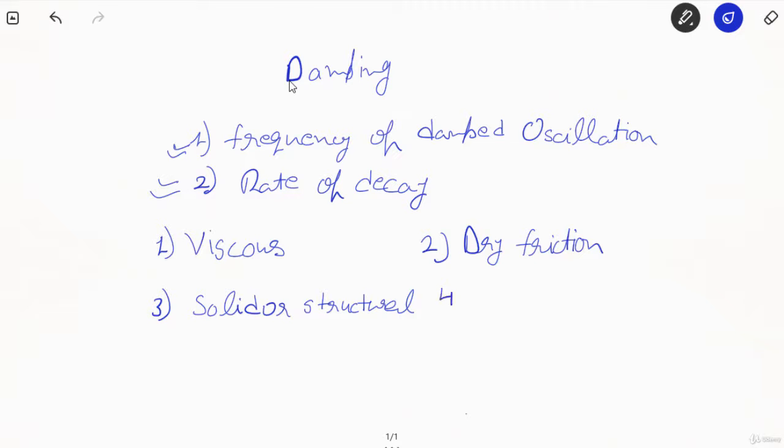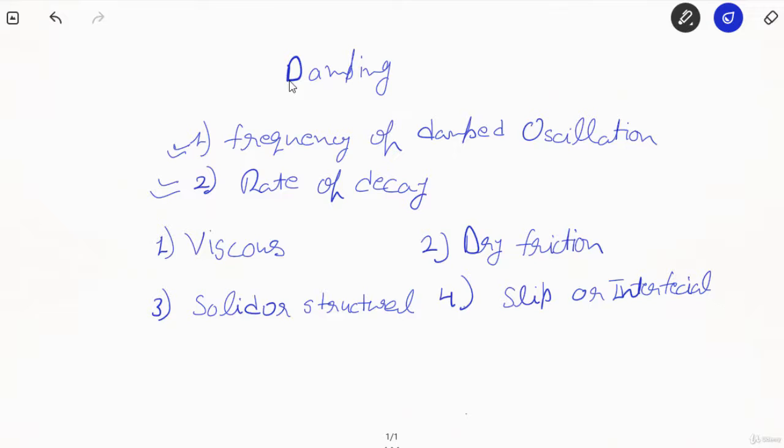And the fourth one is slip or interfacial damping, right? The names of these four dampings give a little bit of an idea of what sort of system we are talking about, right?